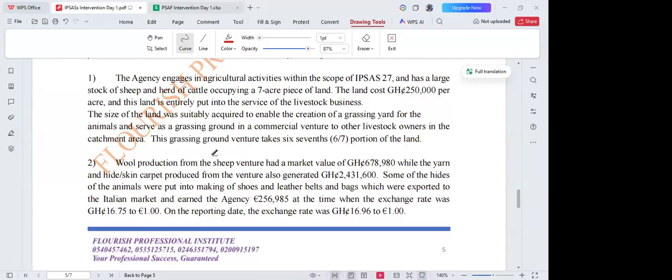The size of the land was suitably acquired to enable the creation of a grazing yard for the animals and serve as a grazing ground in the commercial venture to other livestock owners in the catchment area. This grazing ground venture takes 6 out of 7 portion of the land.